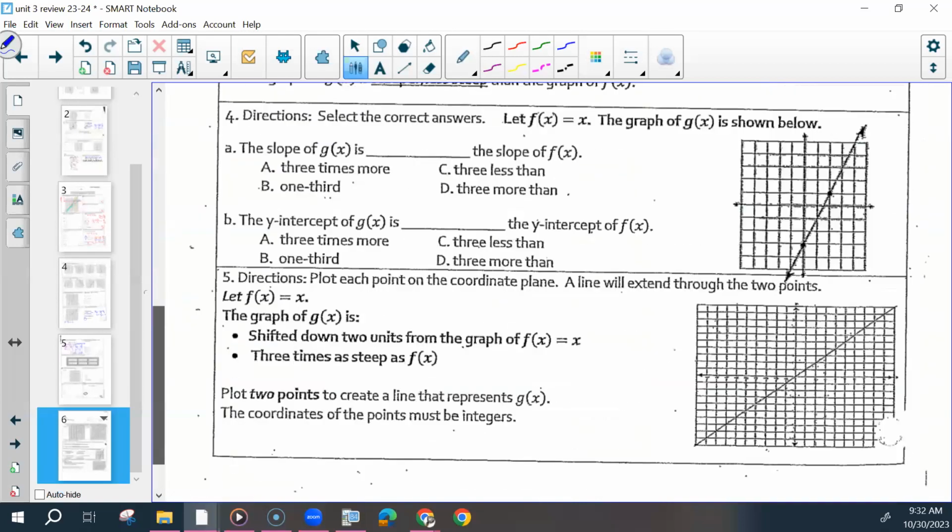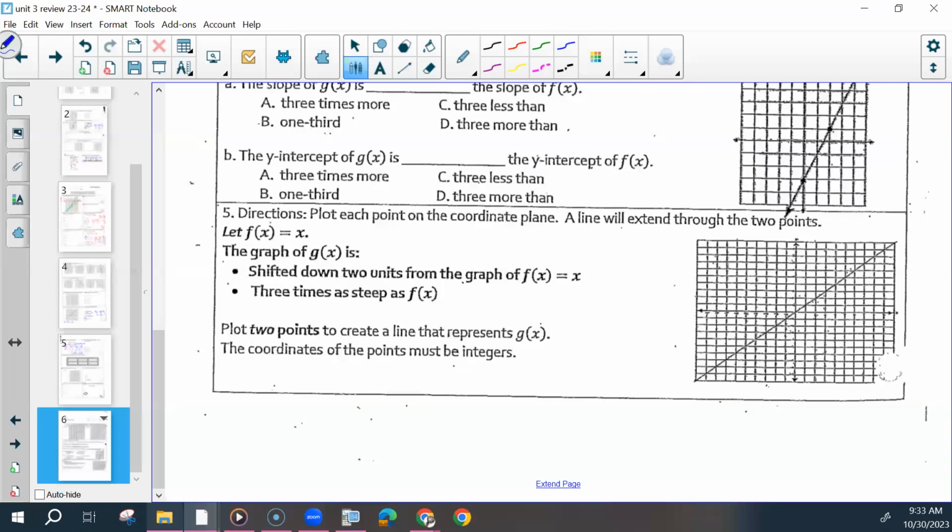For number 5, it tells us we have f of x equals x, that's the original drawing. We need to plot 2 points. It says to create a line, but we're not actually creating a line, we're just plotting 2 points. That's been shifted down 2 units and 3 times the steepness.